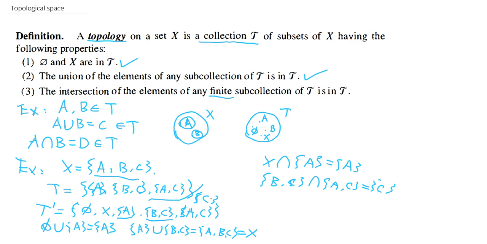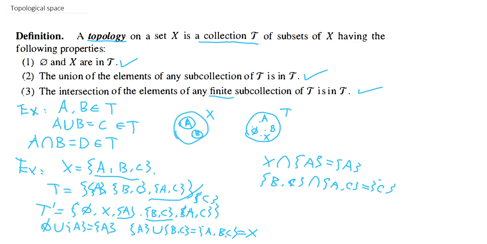I think if we try all possible intersections, we can always get an element of T prime now. So I think the third property is satisfied. And by satisfying those three properties, T prime is a topology of X now.